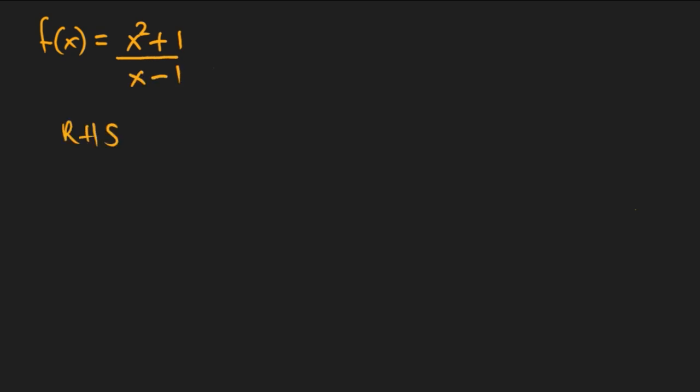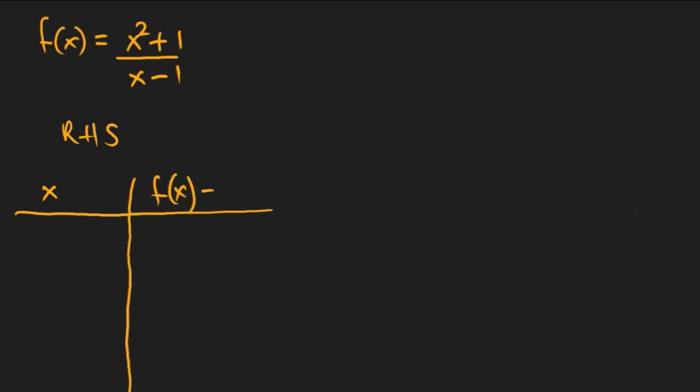So for right hand side limits, we can draw a table here where the function is f of x equals x squared plus 1 over x minus 1. Now we are getting to 1 from the right hand side, so we can select numbers like 1.1, 1.01, 1.001, 1.0001, like we indicated earlier on.